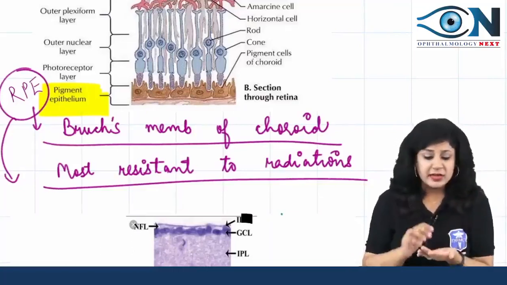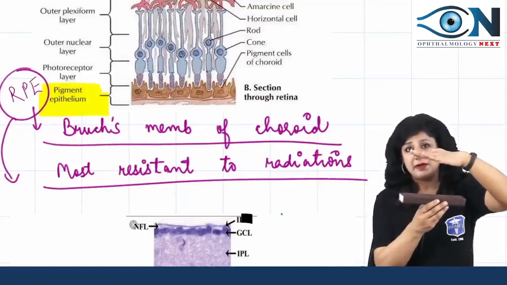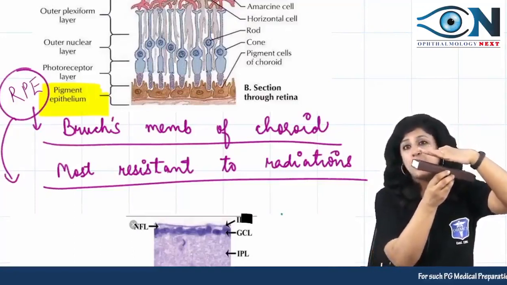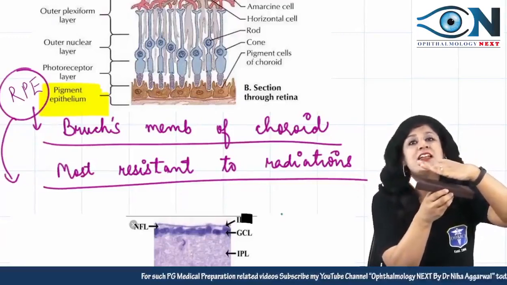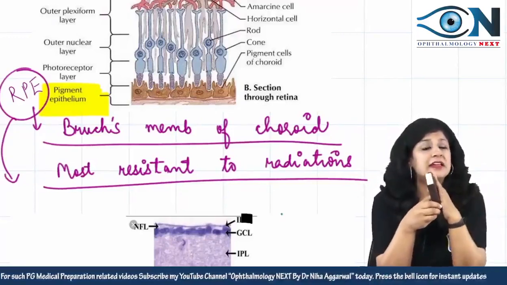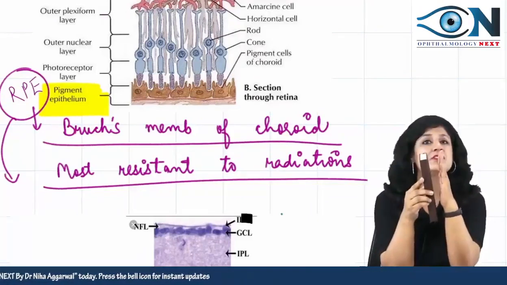Now, if you look at the retina, broadly speaking, we have the retinal pigment epithelium and then we have this broader layer, which is the neurosensory retina. Because the retina totally consists of 10 layers, this neurosensory retina consists of 9 layers.